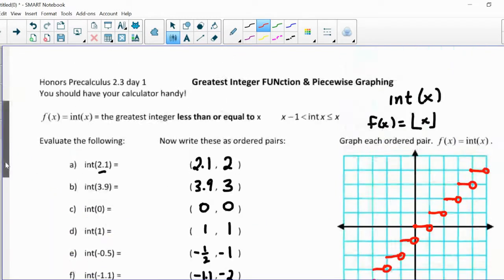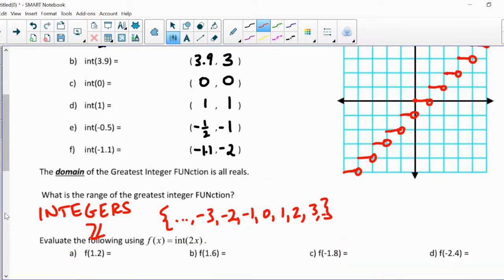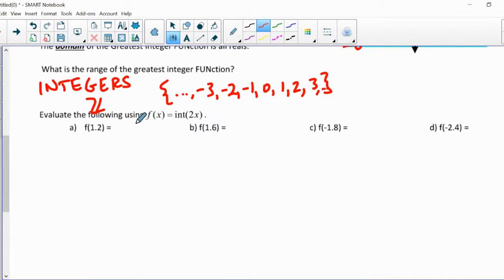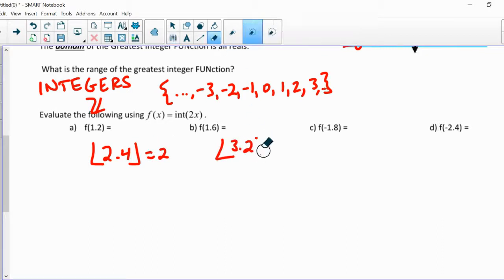If I want to use my nerdy math notation, I use the Z with the extra line. Evaluate the following using the greatest integer of 2x. So if I have f of 1.2, that's going to be the greatest integer of 2.4, which is 2. This one's going to be the greatest integer of 3.2, which is 3.